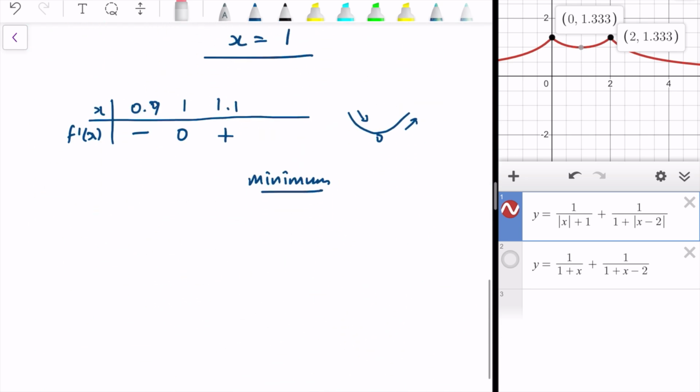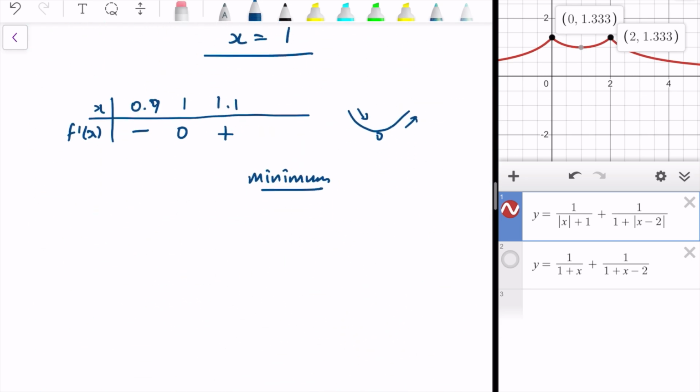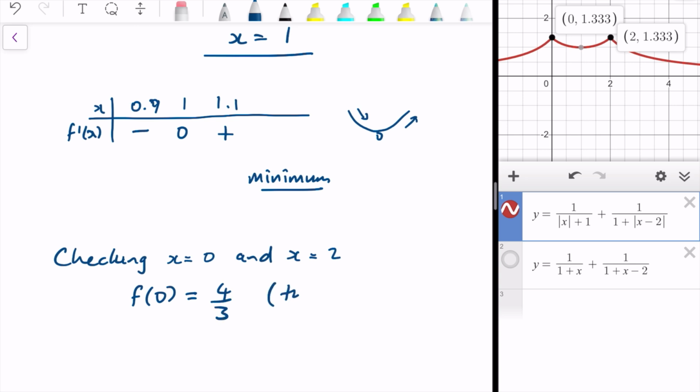So checking x equals 0 and x equals 2 where the function changes its behavior, we get f of 0 equals 4/3. That is the max.